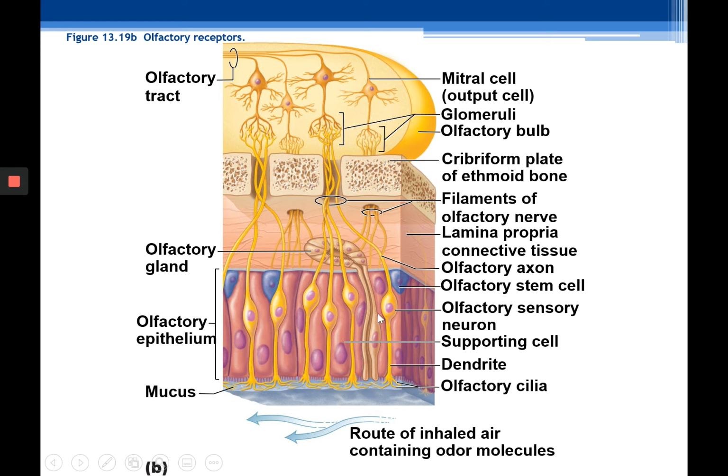We have an olfactory gland helping us secrete this mucus layer. We have our supporting cells in between our olfactory receptor cells. And then in the basement layer of this epithelium, which is kind of reversed if you're thinking of it, because here's the basement membrane, here's the apical layer that's near the open or free space, these basal cells could replace the olfactory receptor cells if they were damaged, which you can damage olfactory receptor cells.